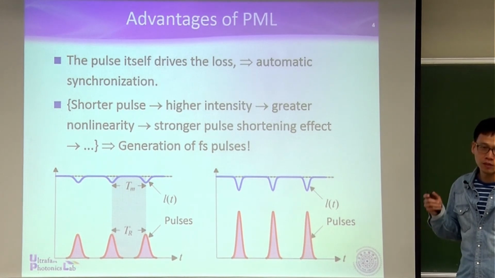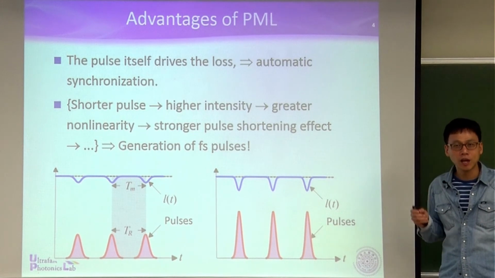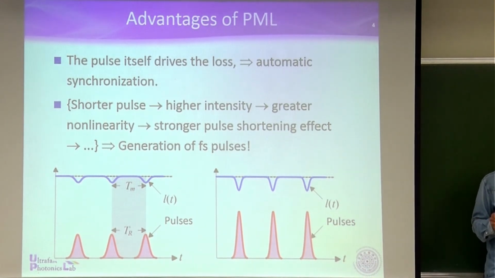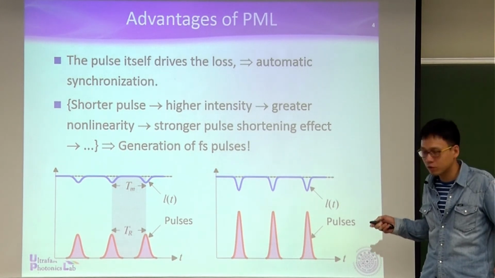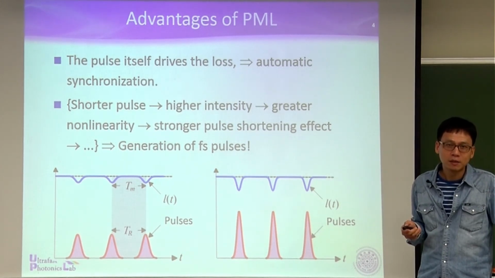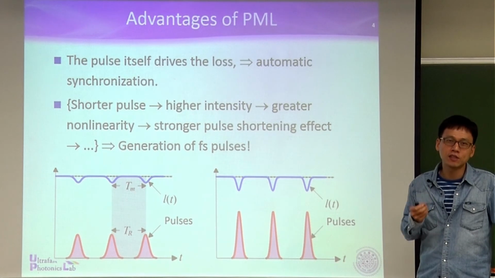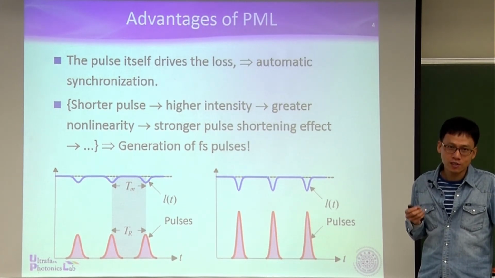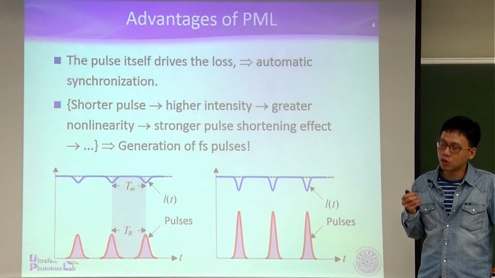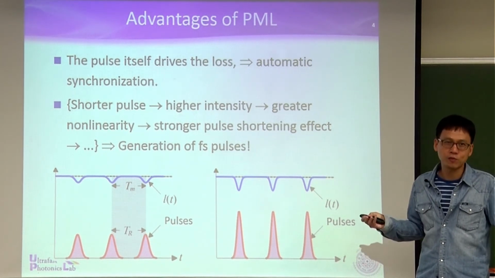This evolution is under the assumption we have a fast saturable absorber. If you have a slow saturable absorber, the curve could not be so ideal. But as you will see in section 4-4, in Ti:sapphire lasers, we use Kerr-lens mode-locking. It's always a fast saturable absorber.